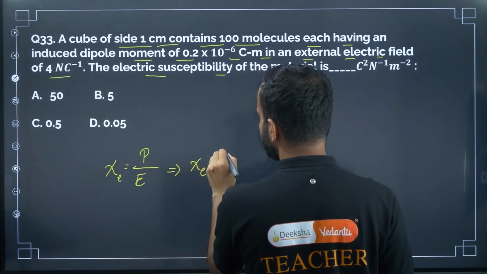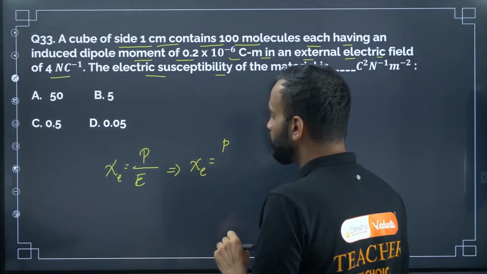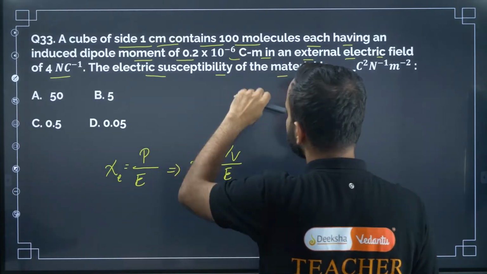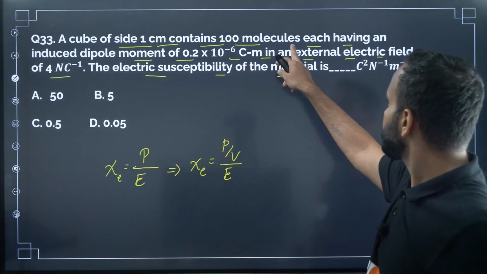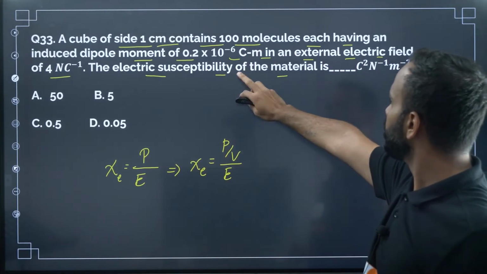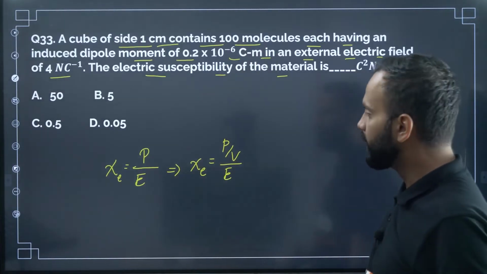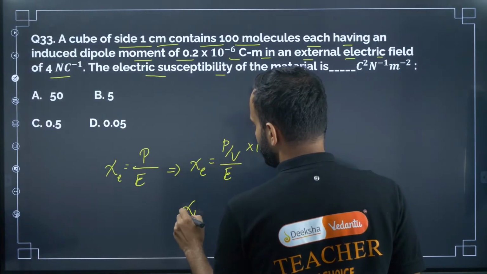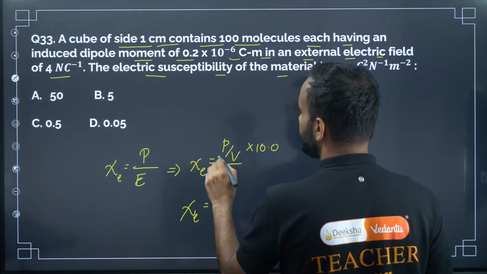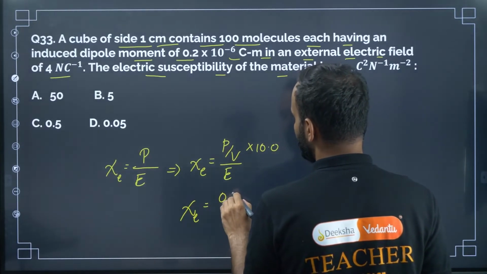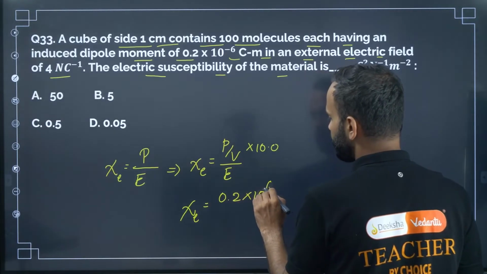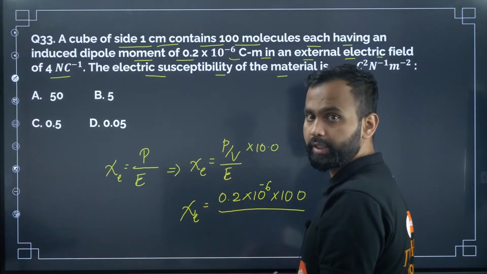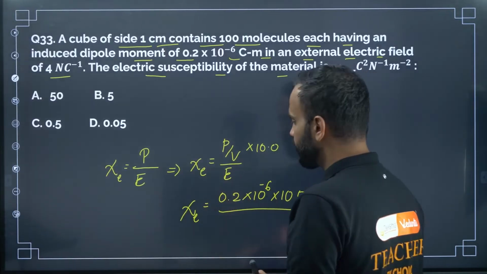The polarization is induced dipole moment per unit volume, divided by E. So how many molecules are there? 100 molecules, right, each having an induced dipole moment of 0.2 into 10 to the power minus 6, into 100. Now electric susceptibility Xi E equal to 0.2 into 10 to the power minus 6 into 100 divided by the volume, which is 1 centimeter cube. 1 centimeter cube is 10 to the power minus 6, right?